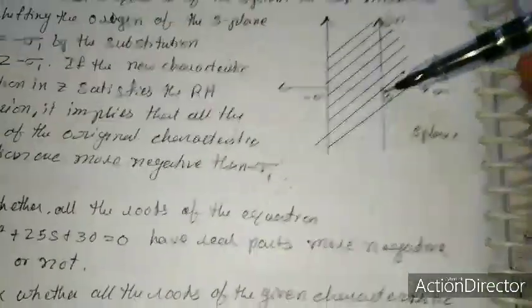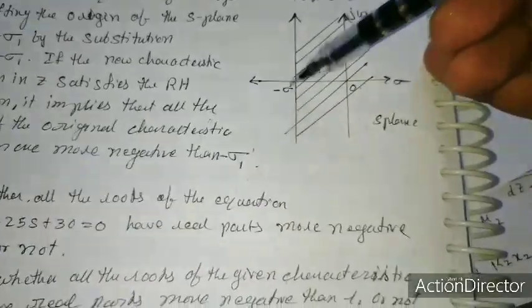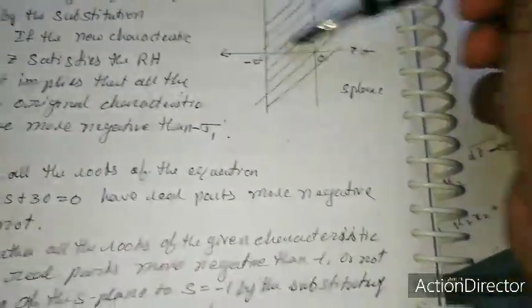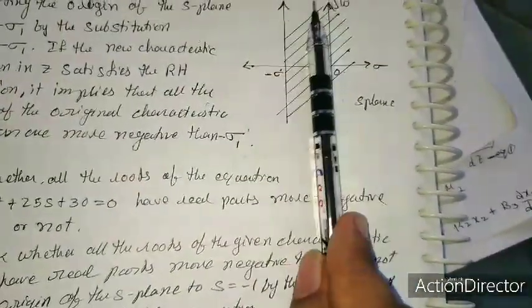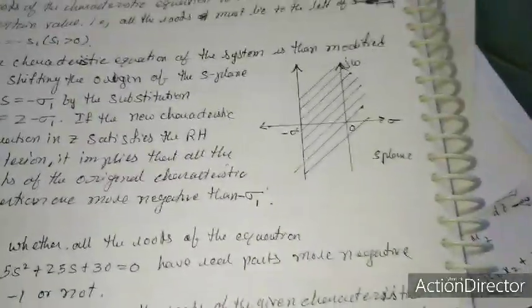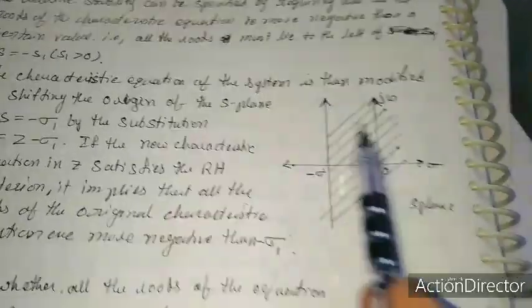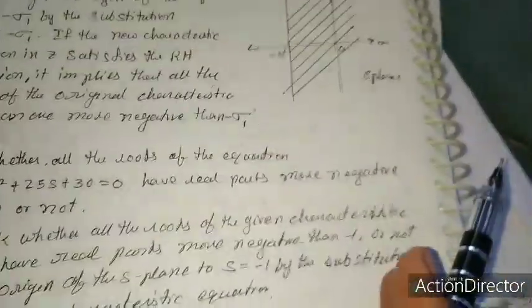If I shift this margin by some minus real value, this region in the S-plane may become the unstable region. The roots may lie in this region and the system may become unstable. We can judge that by substituting the value of minus theta in the equation, and we'll find out the relative stability of the system.